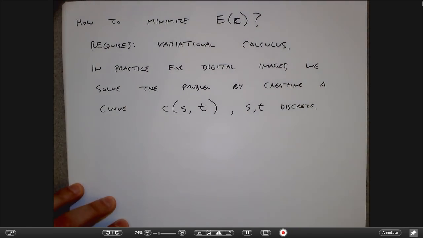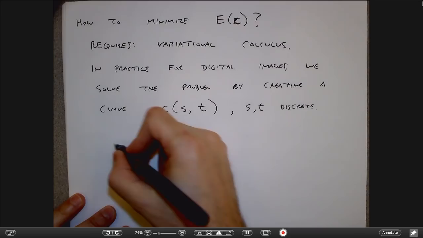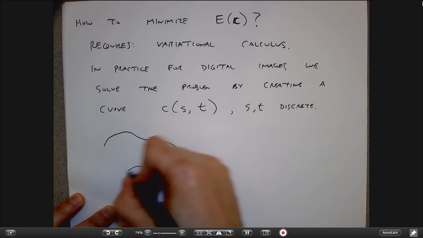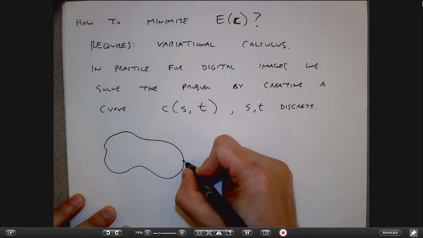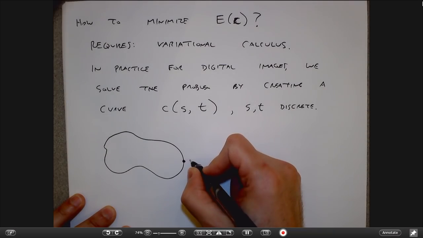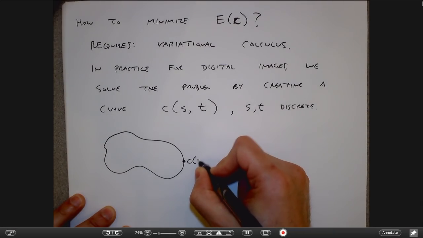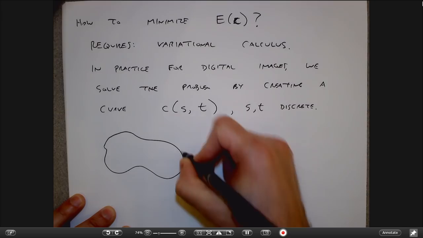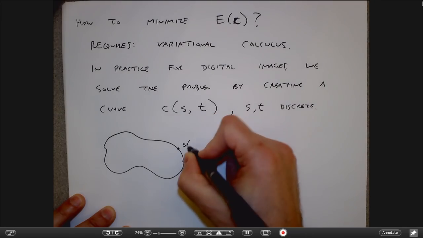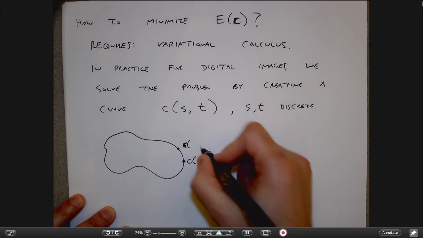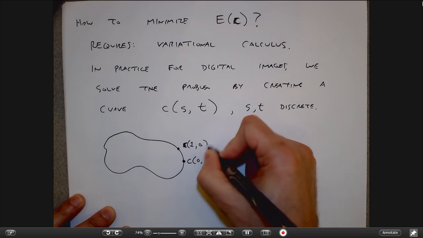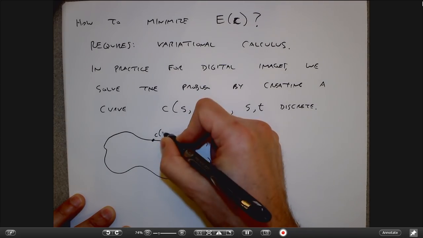The S part is basically the amount that I'm traveling along the curve. For example, suppose I've got my initial curve. This is what my human drew, the curve at S equals 0. This is the curve at S equals 1, and this is the curve at S equals 2, and so on.